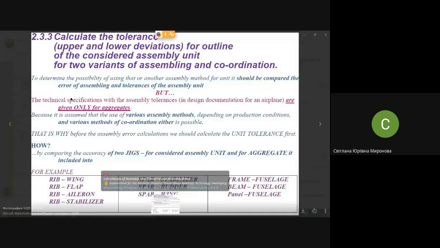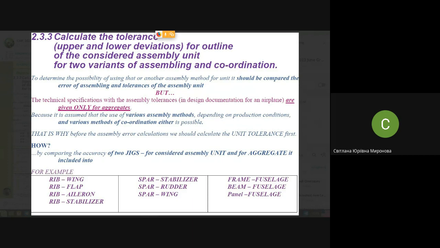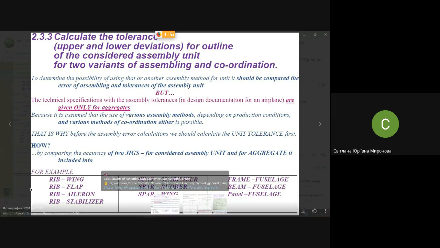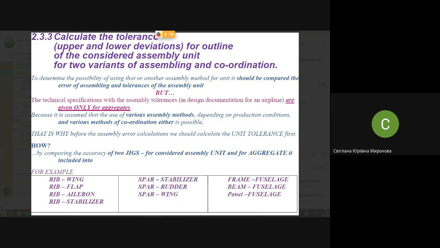Let's come back to the slides we are talking about. The question is, first, you don't know what the demands are for your unit which is inside either the wing or the fuselage or whatsoever. For instance, those who have a rib, maybe a rib of wing, of flap, of aileron. What is the top level for the rib, the aggregate for the rib?